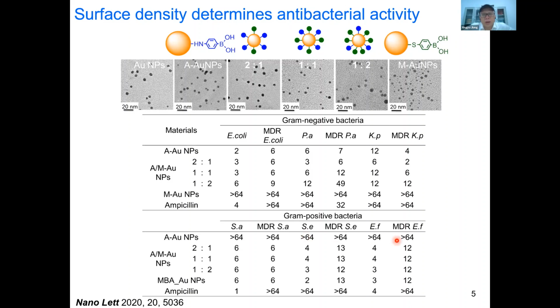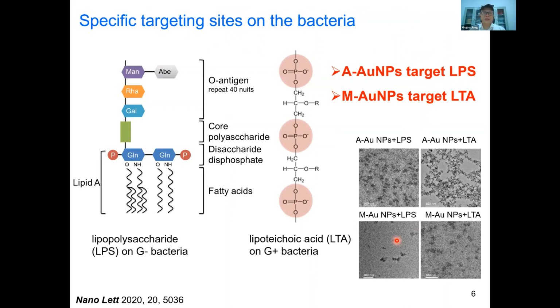So we did, again here, a few mechanistic studies. And it turns out that the amine-terminated gold nanoparticles target lipopolysaccharides. So lipopolysaccharides are molecules that are present in very high concentrations on the surface of gram-negative bacteria. And then the sulfur-terminated nanoparticles target lipoteichoic acid, which is present on the surface of gram-positive bacteria.